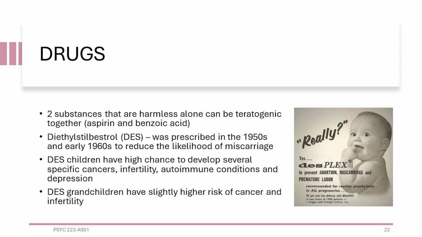Additionally, the grandchildren of those who took DES have a slightly higher risk of cancer and infertility. Another example is that two over-the-counter substances, aspirin and benzoic acid, which are harmless on their own, can cause harmful effects during pregnancy.